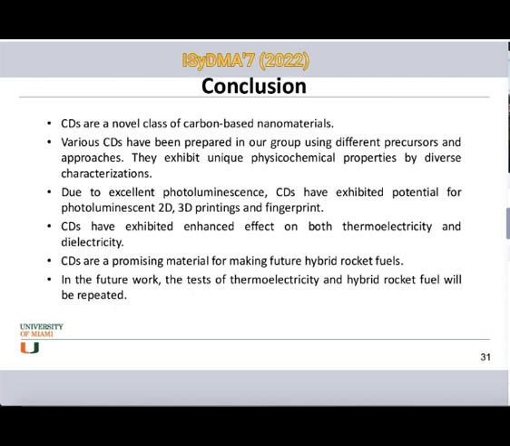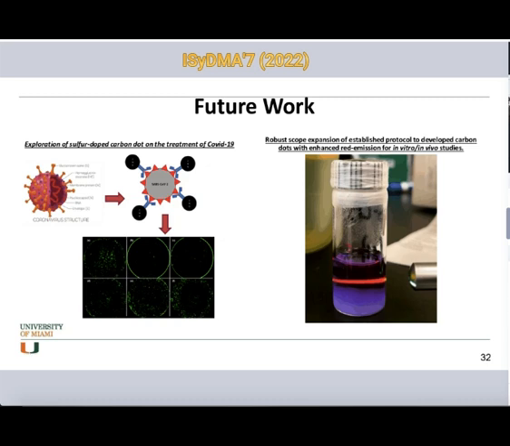The carbon dust has exhibited an enhanced effect of both thermoelectricity and dielectricity. And carbon dust is a promising material for making future hybrid rocket fuel. So in future work, the tests of thermoelectricity and hybrid rocket fuel will be repeated with a high concentration of the carbon dust.